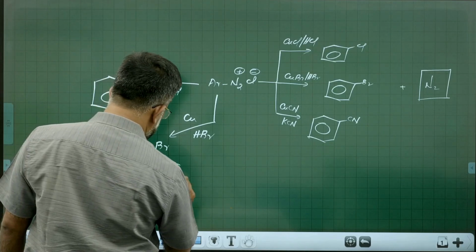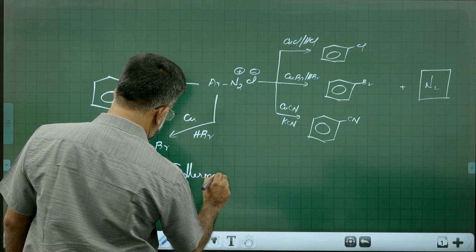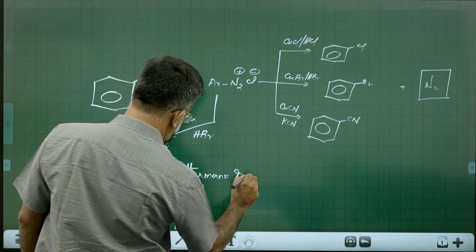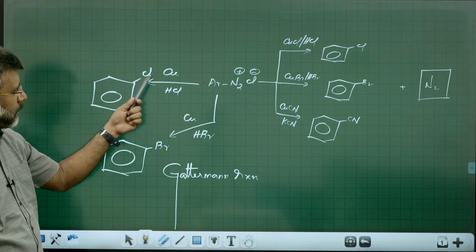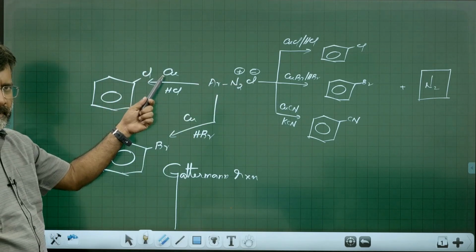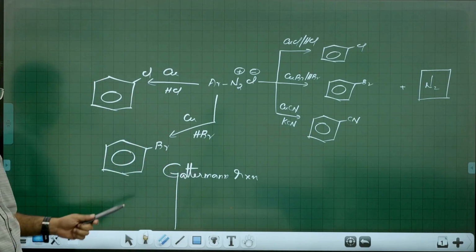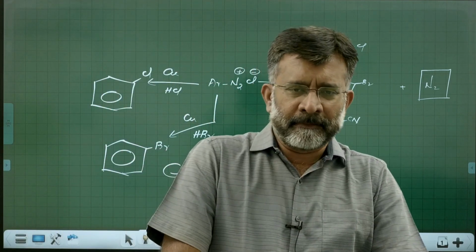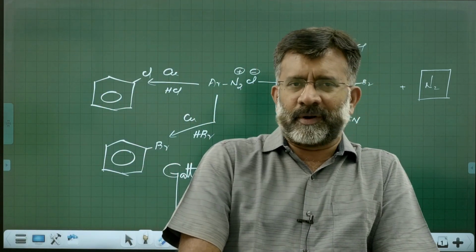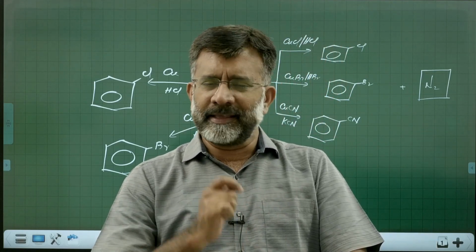We call it the Gattermann reaction. Benzene diazonium chloride treated with copper powder and HCl, or copper powder and HBr, gives chlorobenzene, bromobenzene. Some of you may be aware of it. It is called the Gattermann reaction. Anyway, the yield in Sandmeyer's reaction is pretty high.